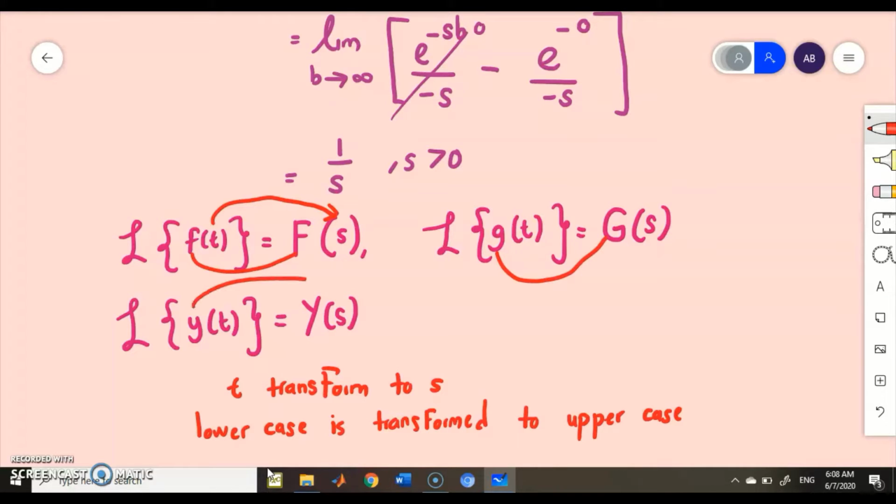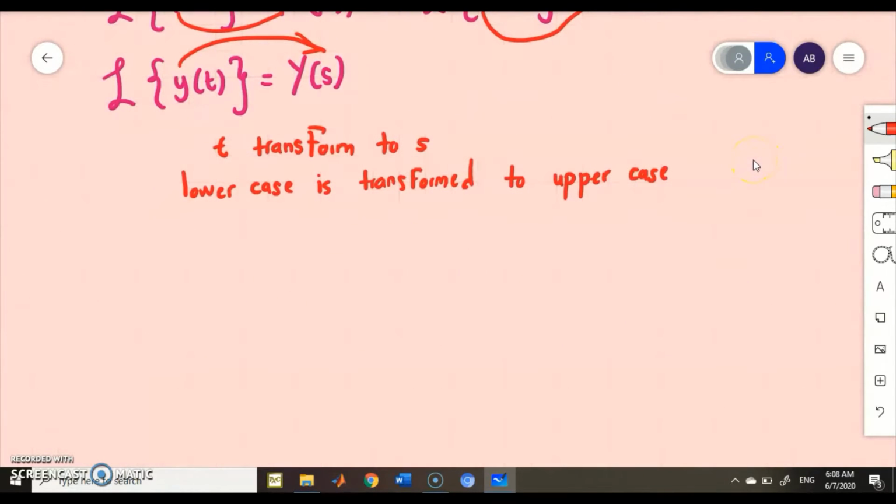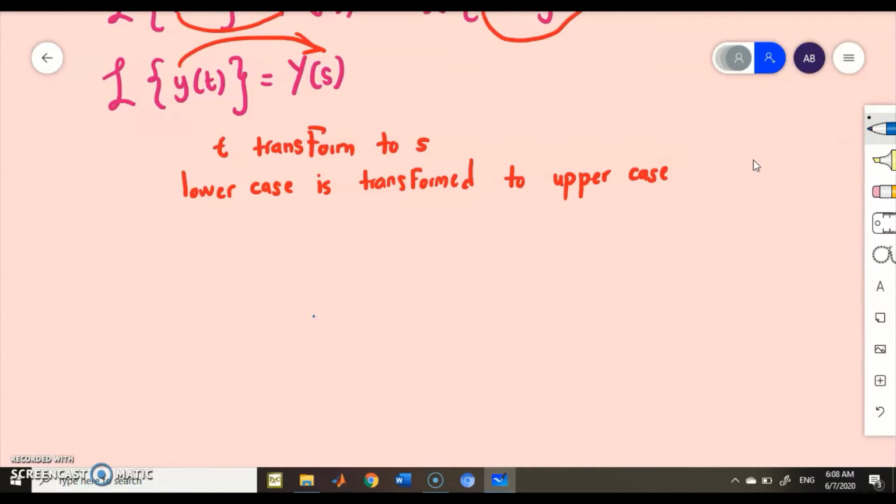So to apply the Laplace transform, you need to solve the integral. We have seen one example: the Laplace transform of 1 gives you 1 over s.